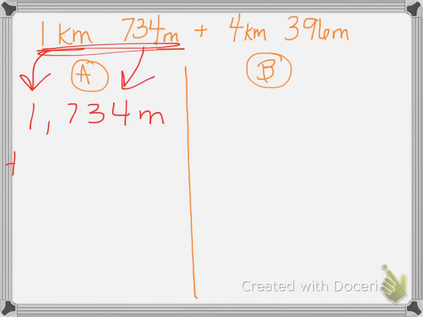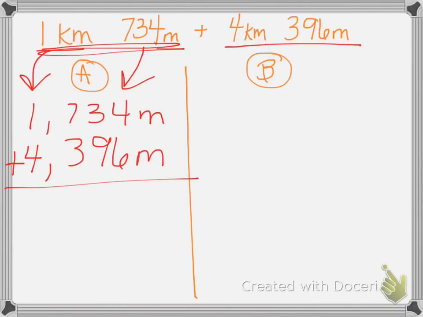Now I can go ahead and add my 4 kilometers, 396 meters. 4 kilometers will turn into 4 thousands, and 396 will stay the same as meters. So I've now converted everything into meters. Over here, I'm going to kind of work parallel to this problem.